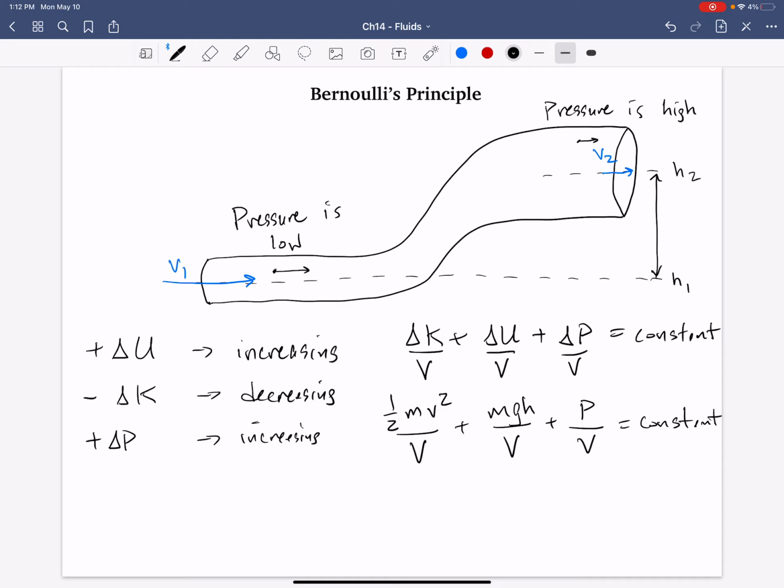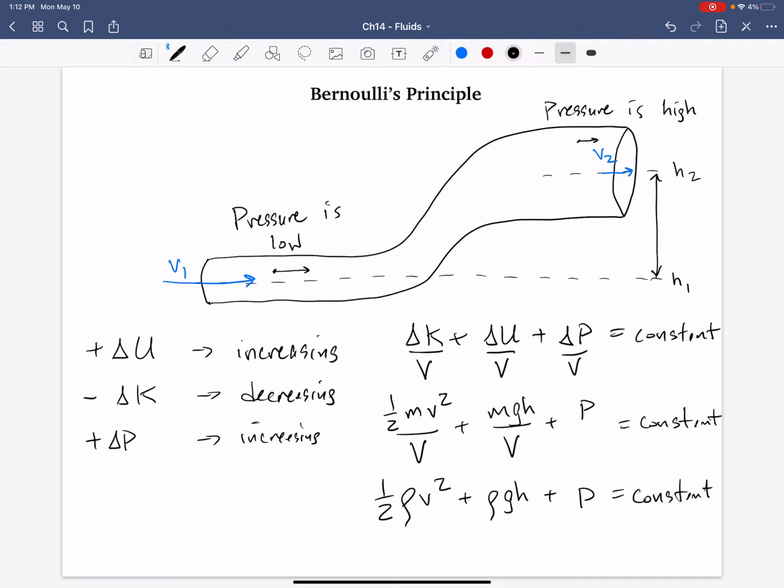So what is this really? Well, we can rewrite this once again as 1/2 rho v squared plus rho gh plus pressure.